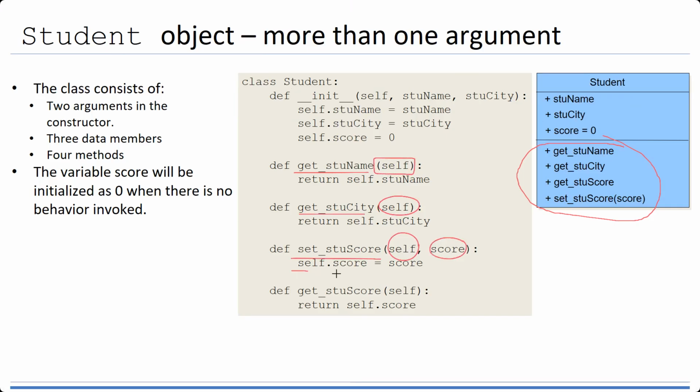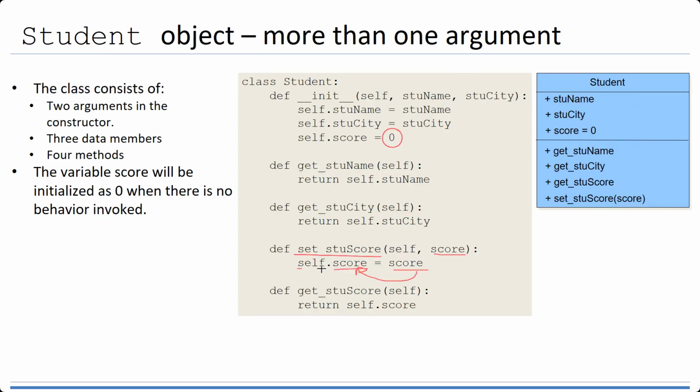And then you can see the statement self.score equals to score. So whenever I call this method, I want to set a new score. The original score is 0. And if I have a new score, the new score will be saved into the score of that particular object.